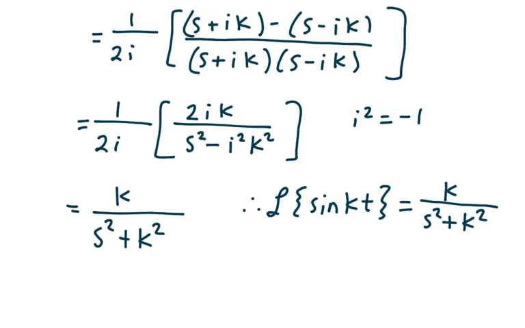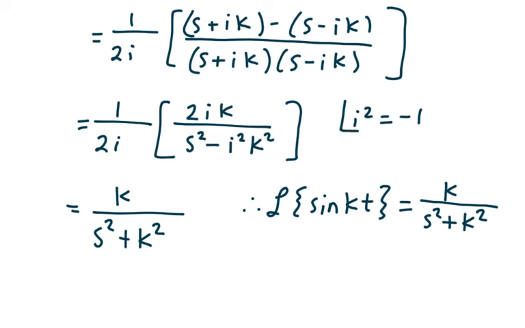So this is 1 over 2i times the quantity s plus ik minus s minus ik divided by s plus ik times s minus ik. But this is 1 over 2i times the quantity 2ik divided by s squared minus i squared k squared.